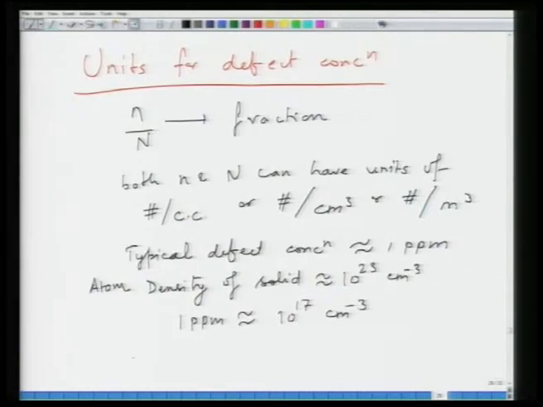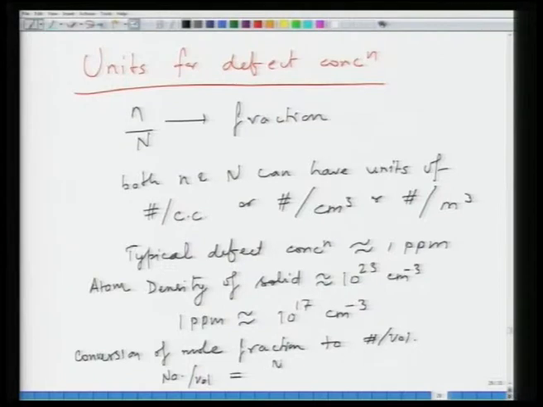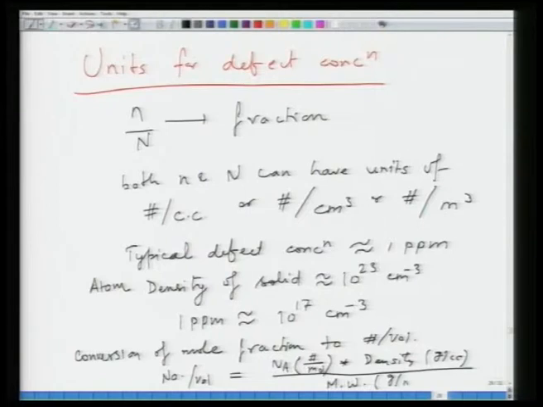Now if you want to convert the mole fraction to a number per unit volume, then the number per unit volume would be equal to Na, which is Avogadro number per mole, multiplied by density, which is gram per cc, divided by molecular weight, which is gram per mole.